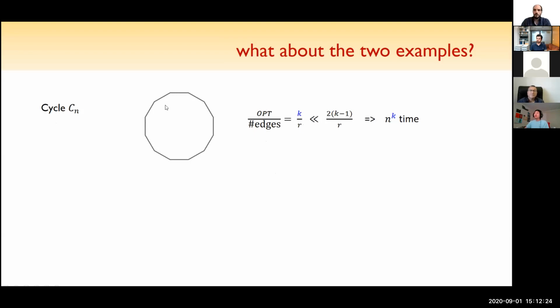That's because the contraction algorithm will always contract an edge of the cycle to get another cycle, so the graph will always be a cycle throughout the algorithm. And here, k over r is much better than 2 times (k-1) over r, which is what we got in our analysis. This improved factor translates exactly to the final probability of success. So we get a 1 over n to the k probability of success instead of the original 1 over n to the 2k. In other words, the Karger-Stein algorithm performs much better on the cycle.